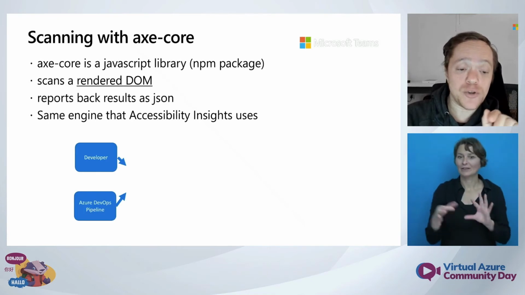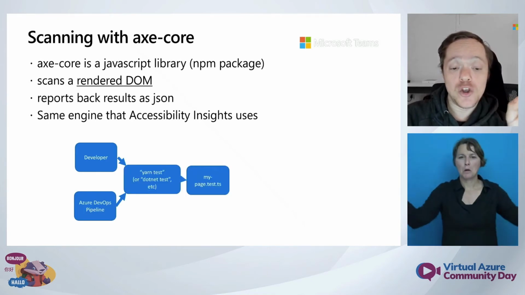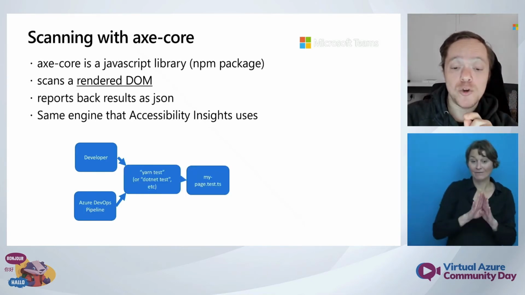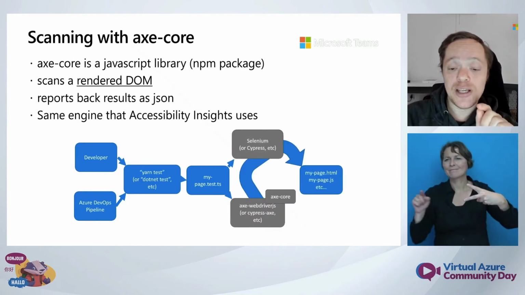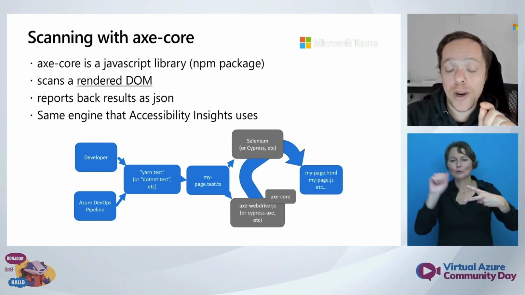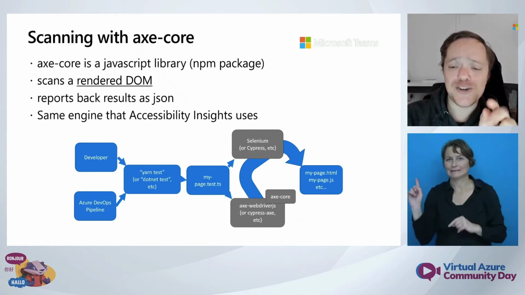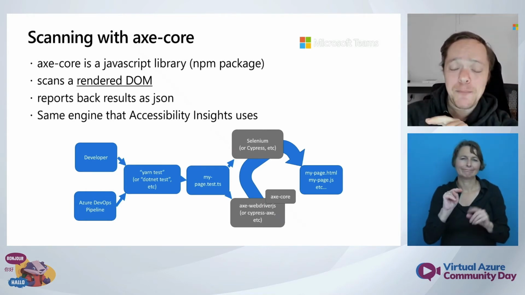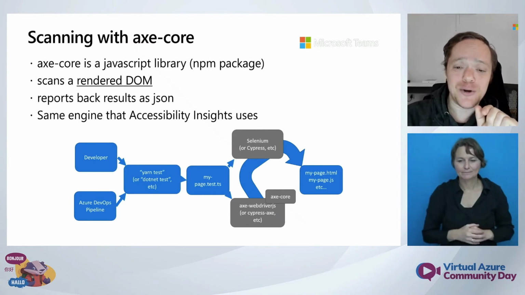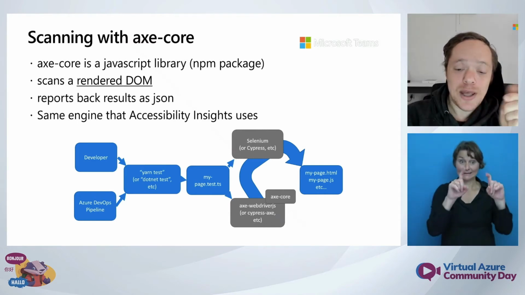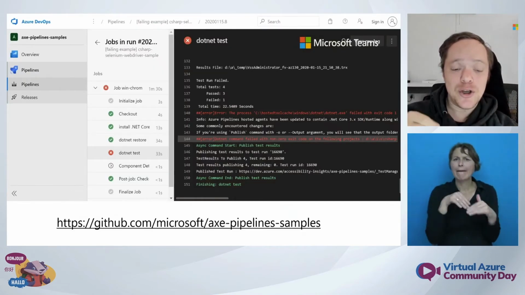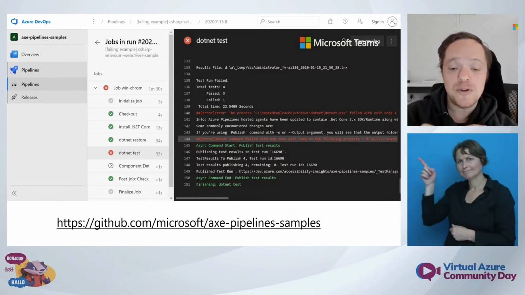So you have your developer and your DevOps pipeline, you do your Yarn or .NET test onto your page, and then using Selenium or WebDriver or a number of other frameworks, it will actually test your page and bring back the accessibility requirements. And this is what it kind of looks like right now. You can go to github.com, axe pipeline samples. We're going to do a demo on this now.